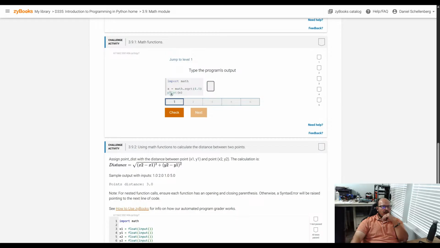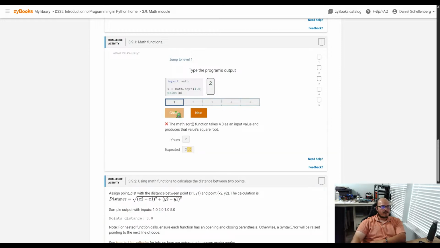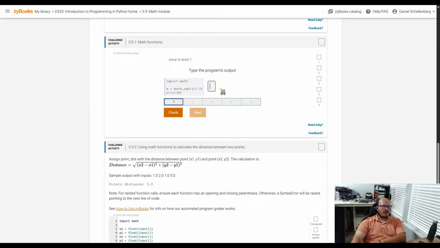Import math. All right. So x is assigned with the square root of 4, which I believe is 2, correct? And it wants us to do a float. So the square root of 25 is, what is it?